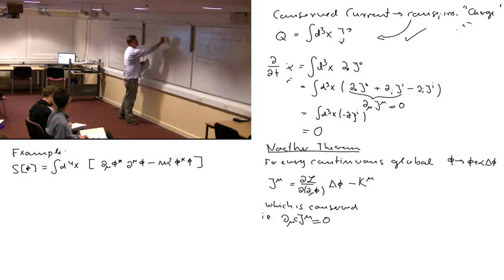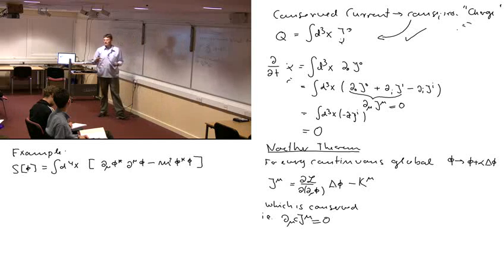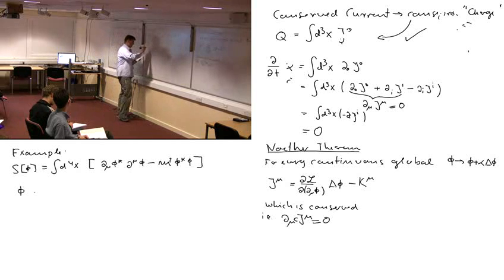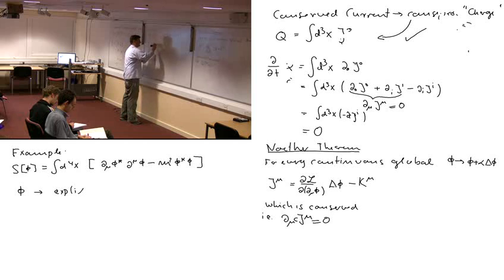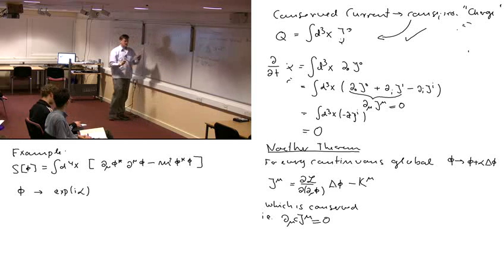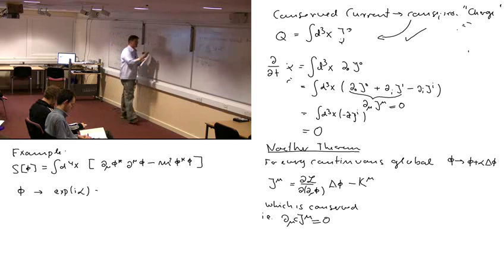Now, here we have phi star phi, and here we have phi star phi. So we can already guess that this action has a symmetry. And the symmetry is that phi goes to exponential I alpha times phi. So we can multiply it by a complex phase.